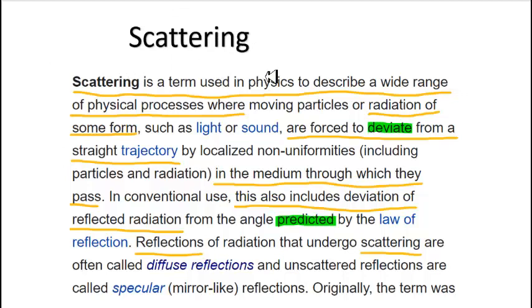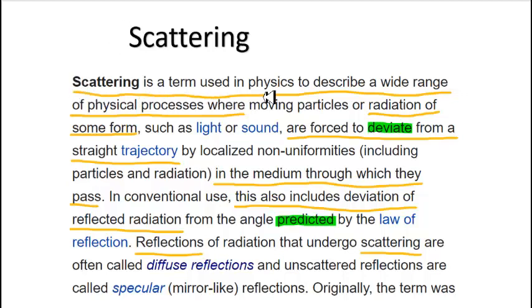Scattering is a term used in physics to describe a wide range of physical processes where moving particles or radiation of some form, such as light or sound, like ultrasound possibly, are forced to deviate from a straight trajectory by localized non-uniformities in the medium through which they pass. This includes particles and radiation. So let me read that again.